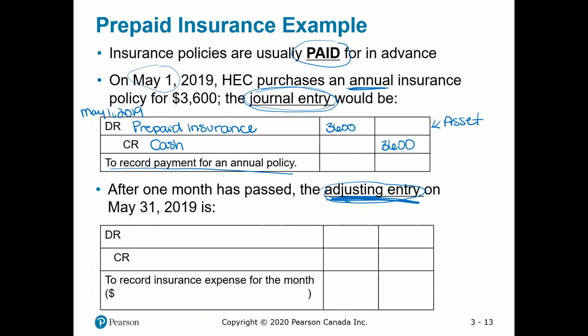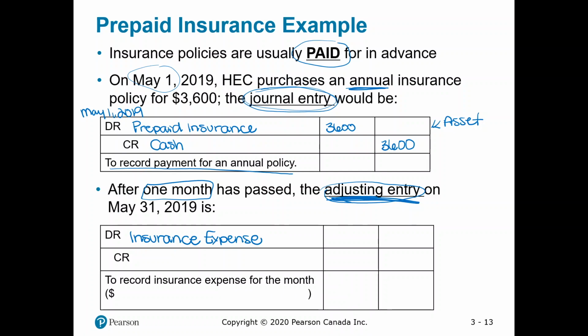So we need to think about this. If 1 month has passed, that means we've received the benefit for 1 month of time. So we need to recognize that as an expense. When we do this, we're going to set up a debit to insurance expense. So that is increasing that expense amount.